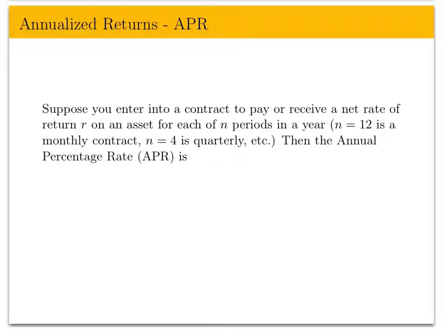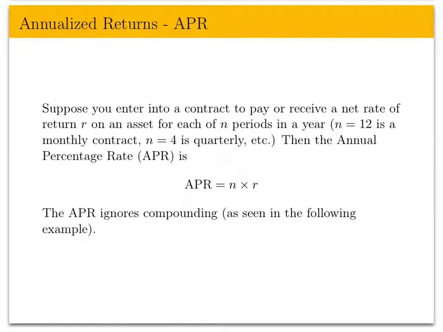In a similar way, for the same contract, we can define the annual percentage rate, or the APR, as simply n times the period interest rate r. Now notice that the APR ignores compounding, as we'll see in the following example.